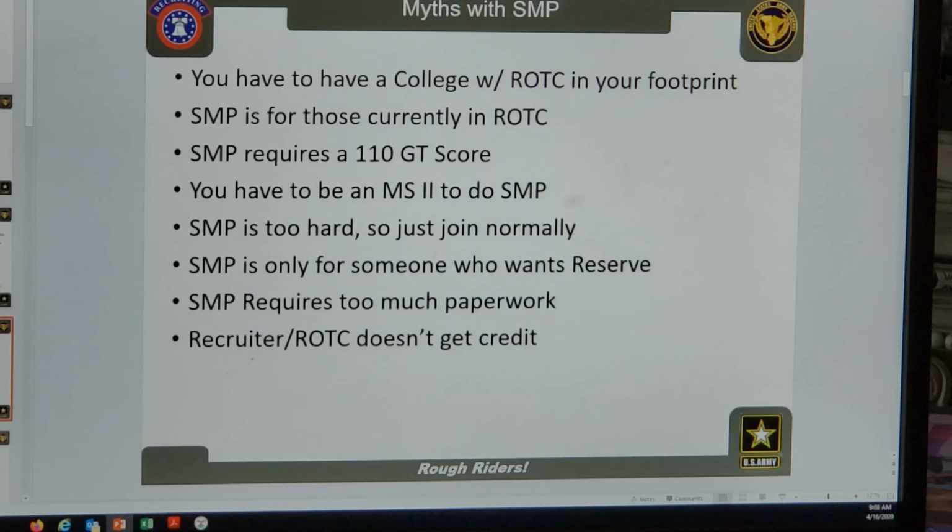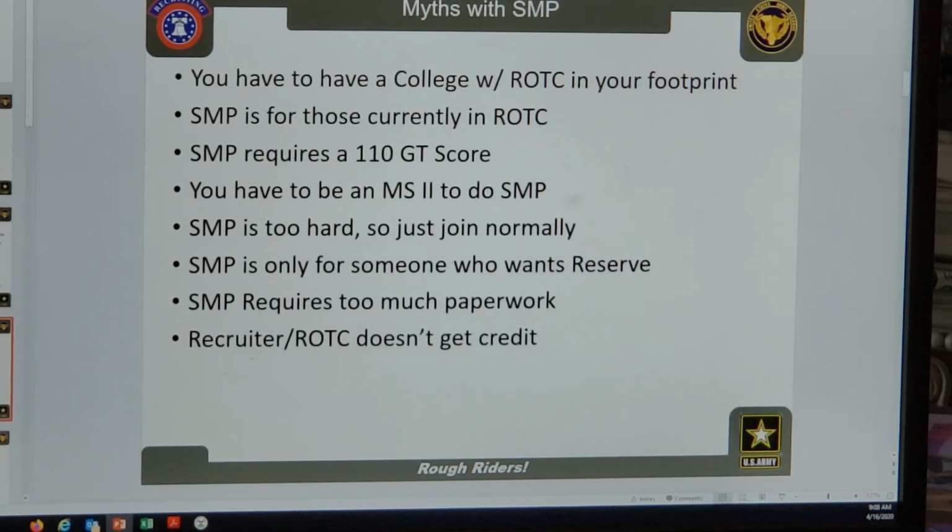SMP is only for someone who wants the reserve. Partially true. What we'll find out later is that somebody who joins SMP as an 09 Romeo, who does not accept any sort of scholarship money, can compete for active duty upon graduation.